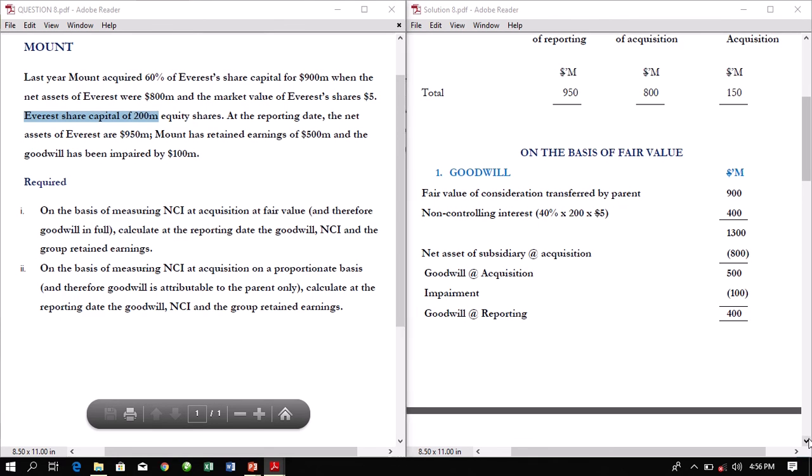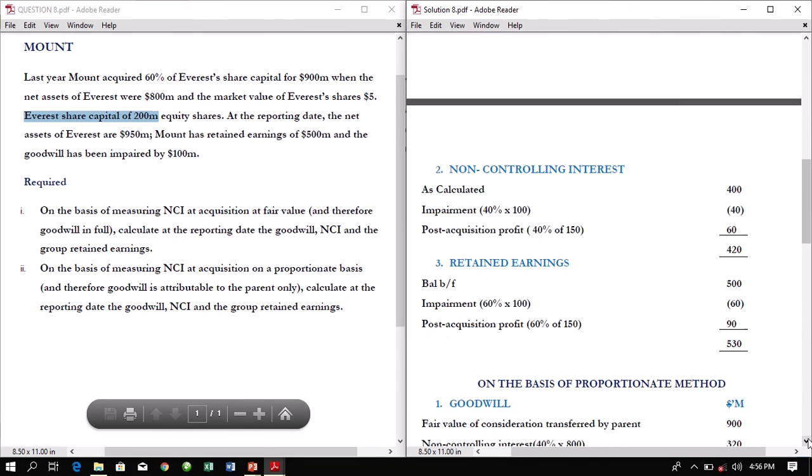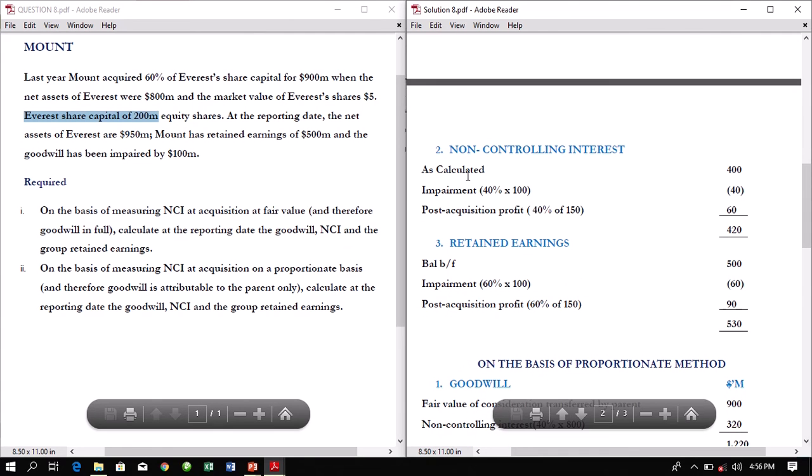After this, what do we do? We go to the computation of non-controlling interest, and we'll start. Non-controlling interest as calculated in our goodwill, we calculated our non-controlling interest to be 400. And don't forget, we said that whenever we measure NCI using fair value, any impairment suffered will also be shared by the non-controlling interest, because the goodwill belongs to both the parent and the non-controlling interest.